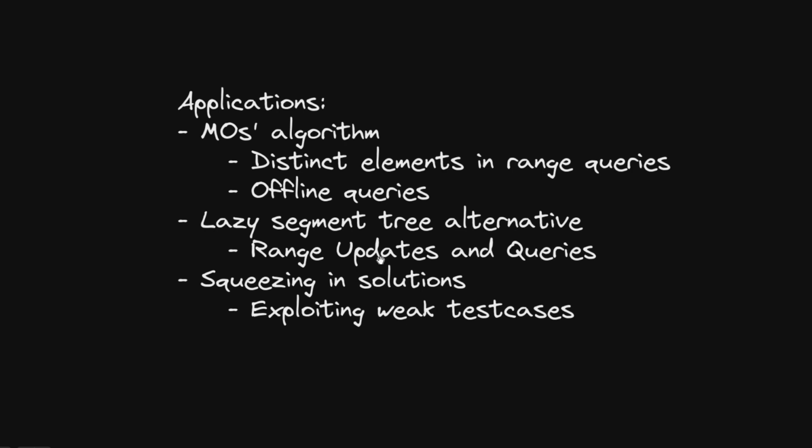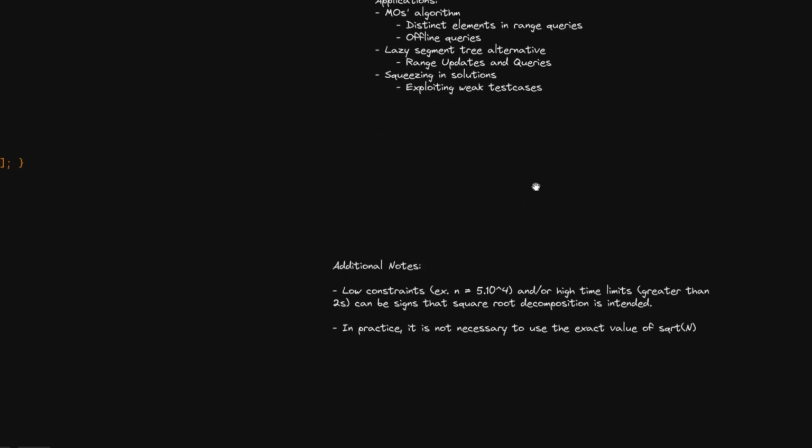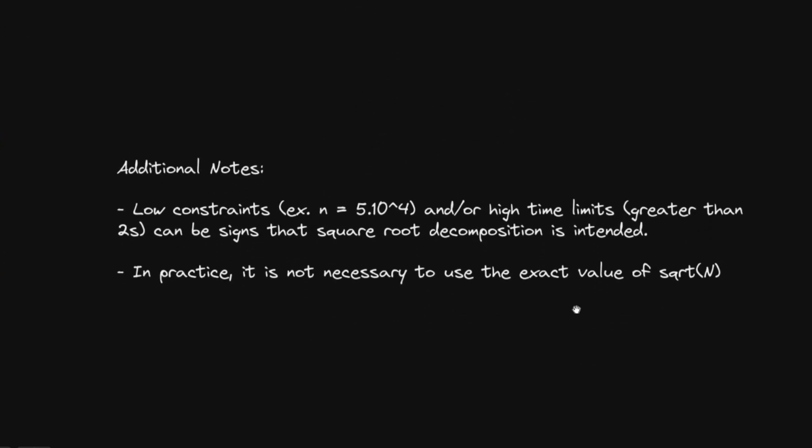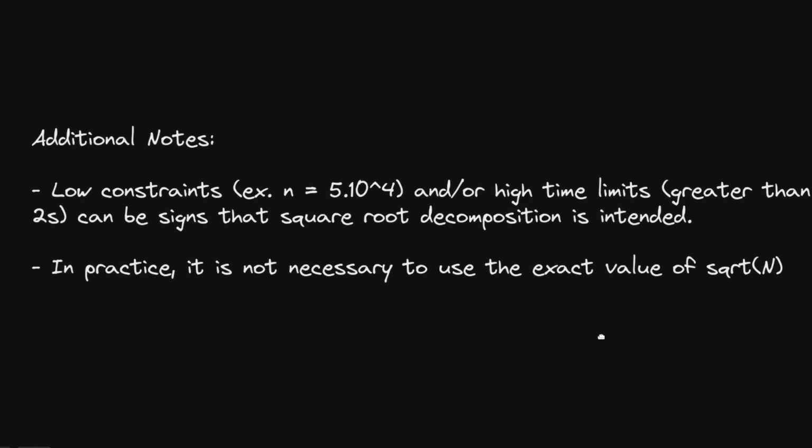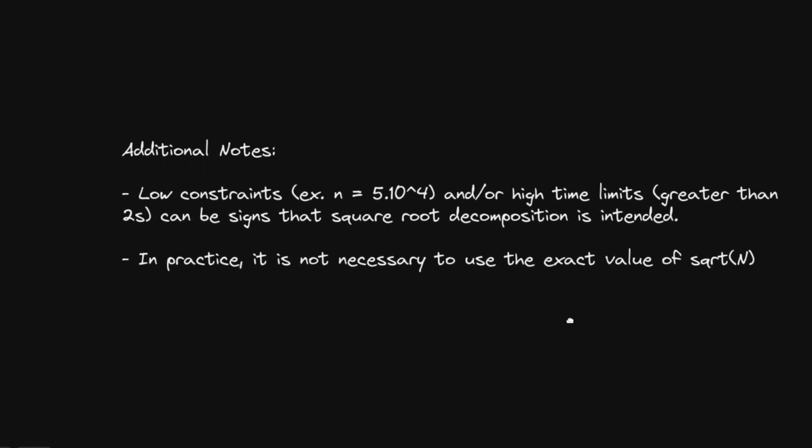You can use this for multiple problems, and usually whenever the constraints are up to 10 to the power 5 or 5 times 10 to the power 4, you can use this, because q times square root of n can basically time out, or there can be some strict bounds on the time limit or expected solutions. So make sure you use this technique whenever you find this type of constraint, or it may be a hint to use such a technique.